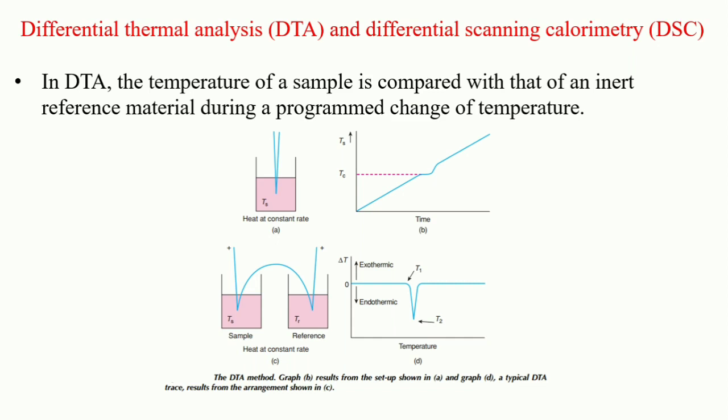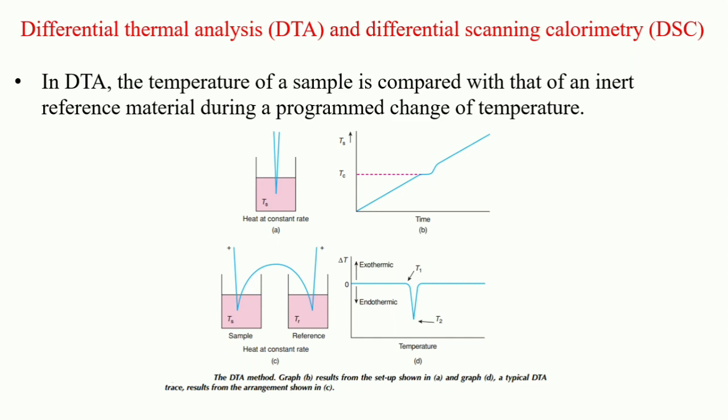In figure C, the arrangement used in DTA is shown. Sample and reference are placed side by side in a heating block, which is heated or cooled at a constant rate. Identical thermocouples are placed in each and are connected back to back.